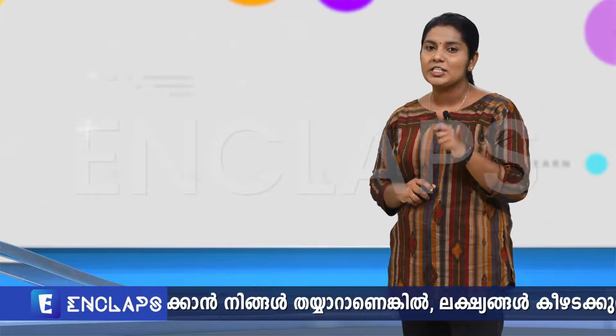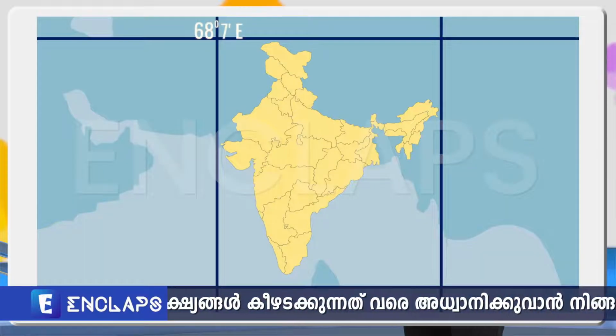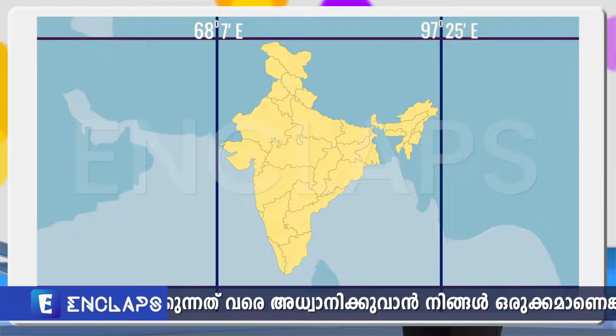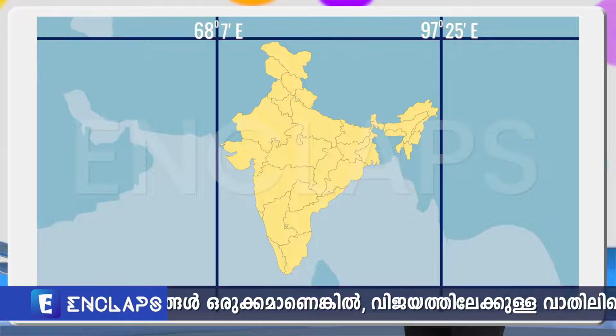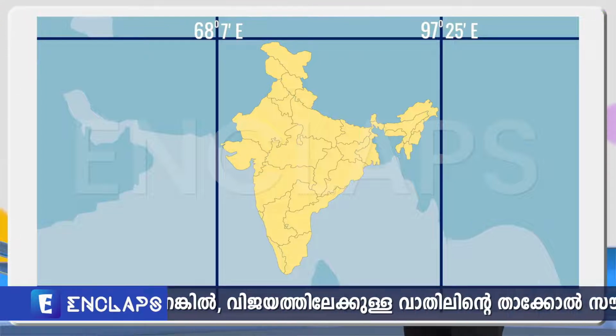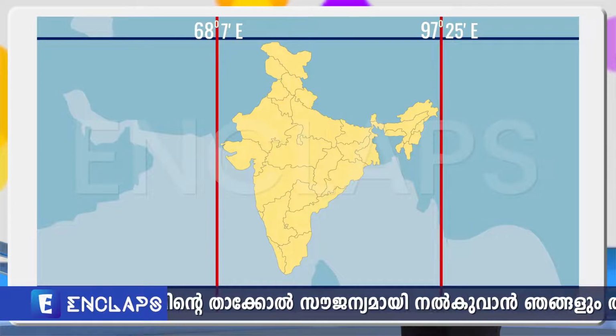Next, let us learn about India's standard time. The longitudinal extent of India is from 68 degrees east to 97 degrees east. This means that there is a time difference of about 2 hours between the eastern and western part of India.